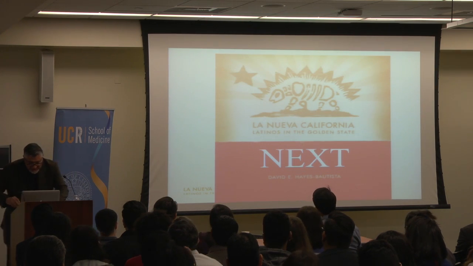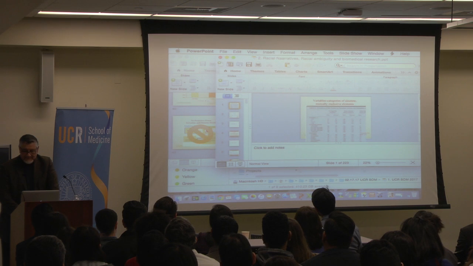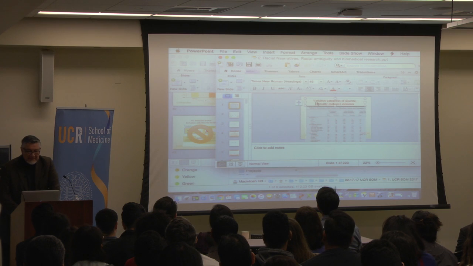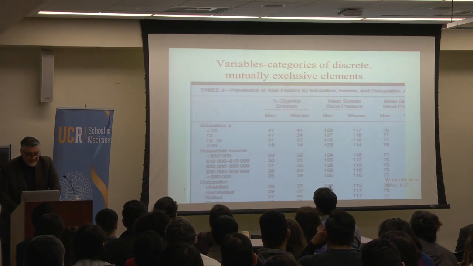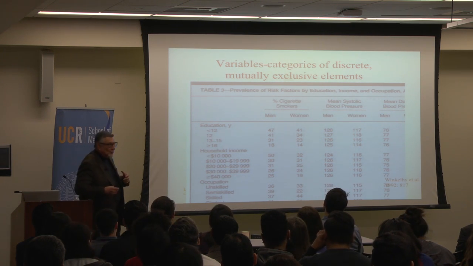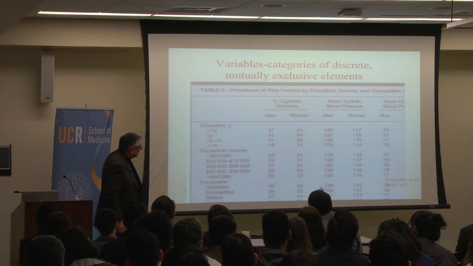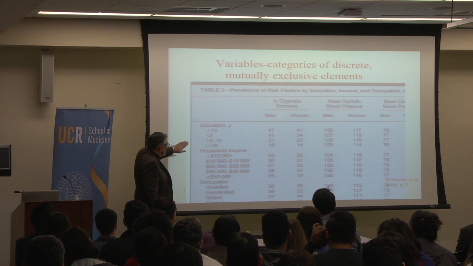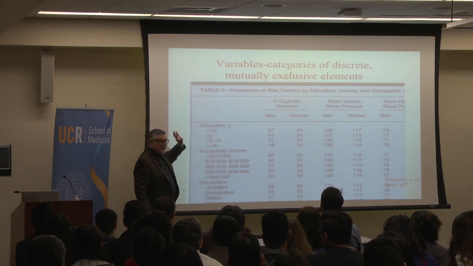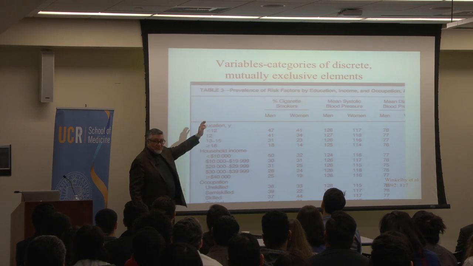So let me just shift decks here. Okay, and let's talk about how we measure. When we're doing health research, we're always trying to find things that can help us predict. So a lot of the variables we use, we understand, like education. That's usually years of education, or you can do high school graduation, college graduation.